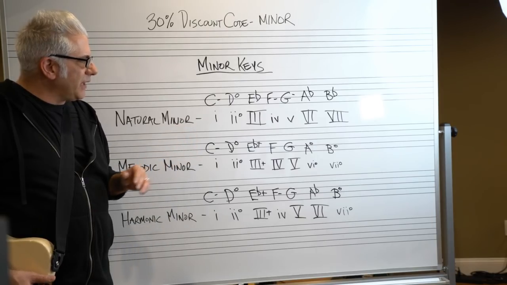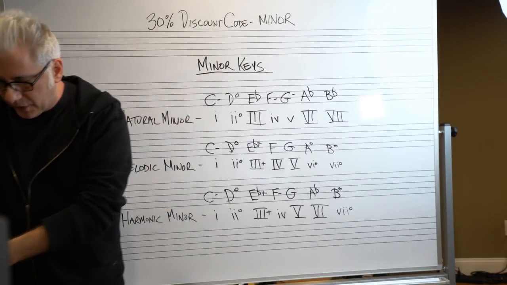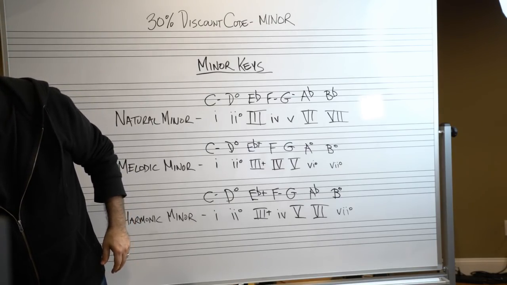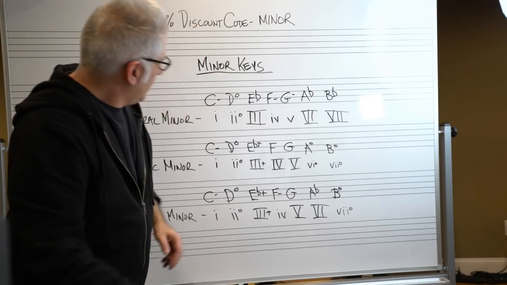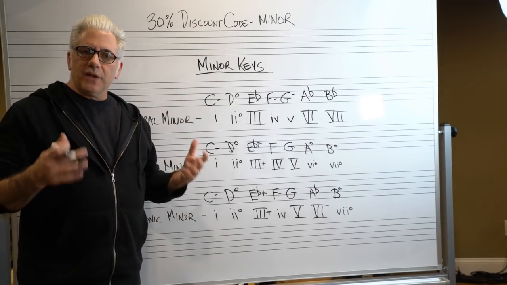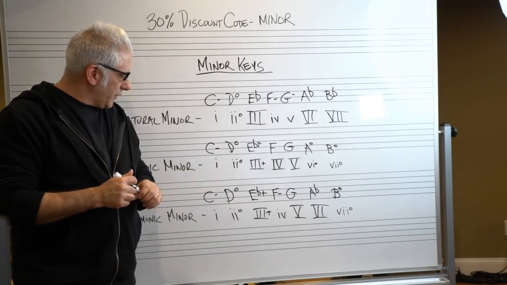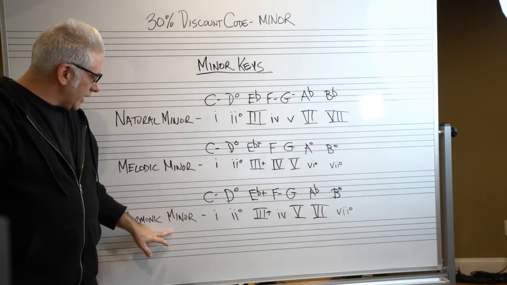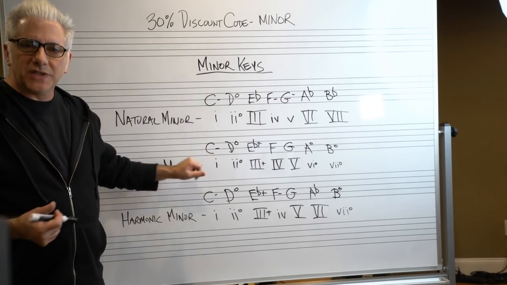Now, all of these chords can be turned into 7th chords as well, and that's where you start getting into progressions that you would have in more modern classical music or in jazz, or in pop. For example, in harmonic minor and melodic minor, the 1 chord is actually a minor major 7 chord.